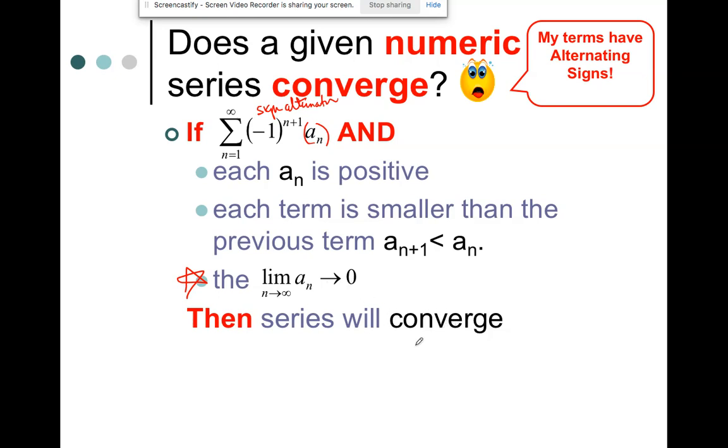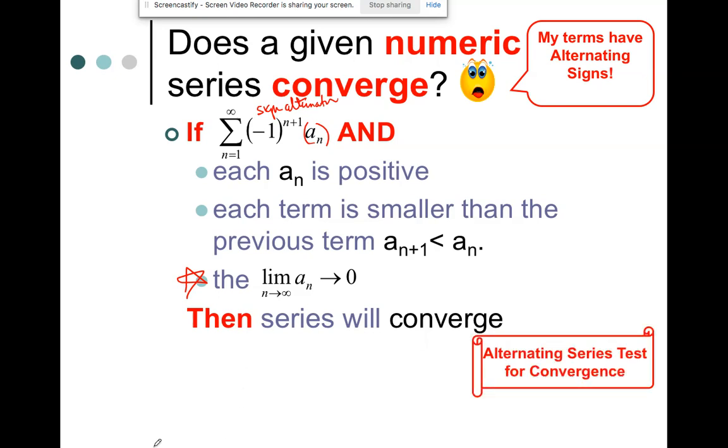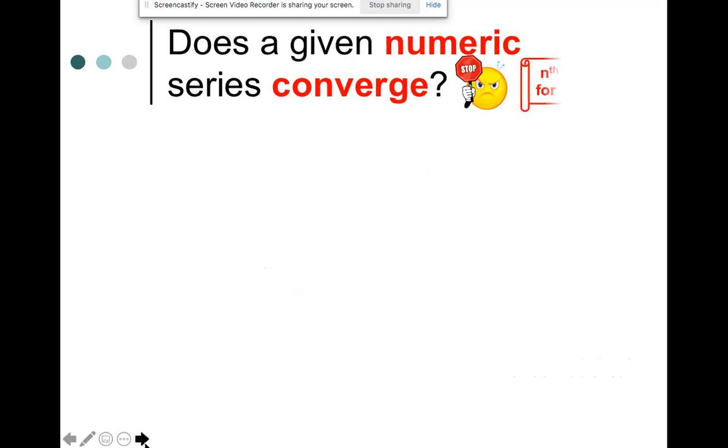If you just have a bunch of positive terms and the limit of the terms goes to 0, you don't know. But as soon as you alternate, bam, you have convergence. That's the alternating series test for convergence. Put that on your list. So again, if I am asked if a given numeric series converges, this is all the things I think of.